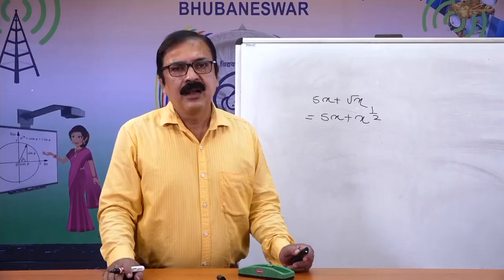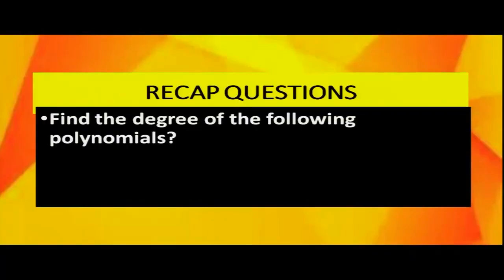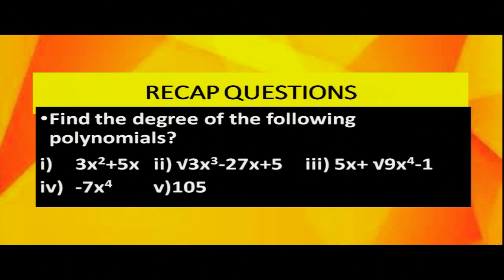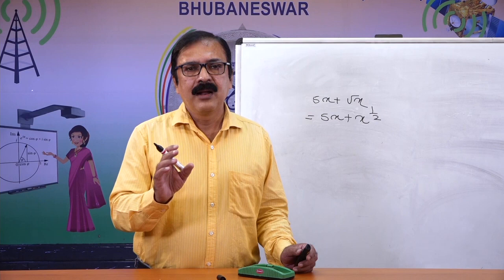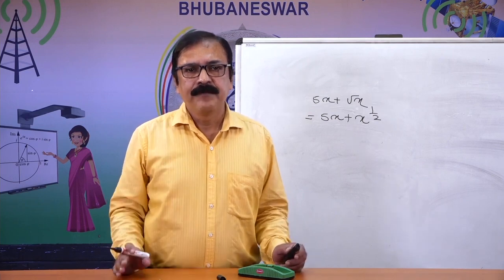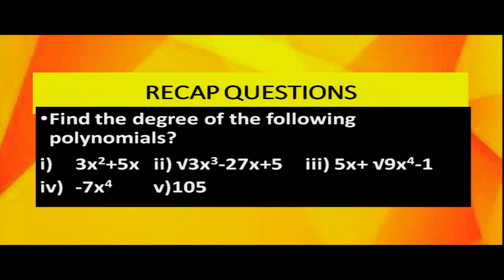Let's see another question. Find the degree of the following polynomials. The polynomials are 3x square plus 5x. To find the degree of a polynomial, we have to find the highest power of the variable. In 3x square, the exponent of x is 2, and in 5x it is 1.